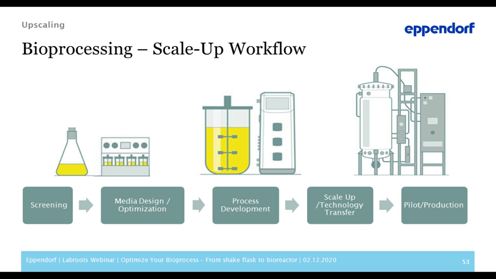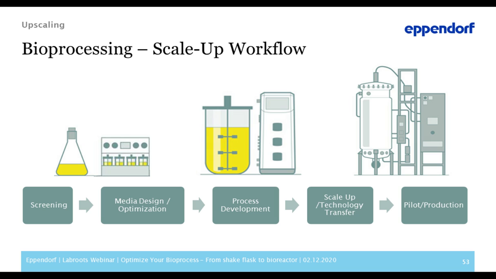So a typical scale-up workflow, how does it look? In the beginning of a typical scale-up workflow stands screening and media design, so the search for a productive strain and testing of optimal medium compositions. These early stages are often performed in shake flasks or even plate formats, as they allow a high number of experiments to run in parallel in low volume, and that saves cost.